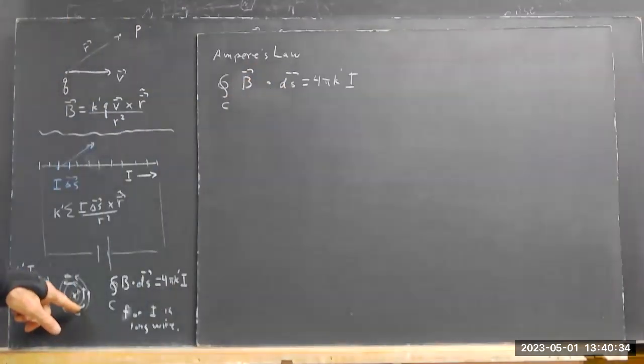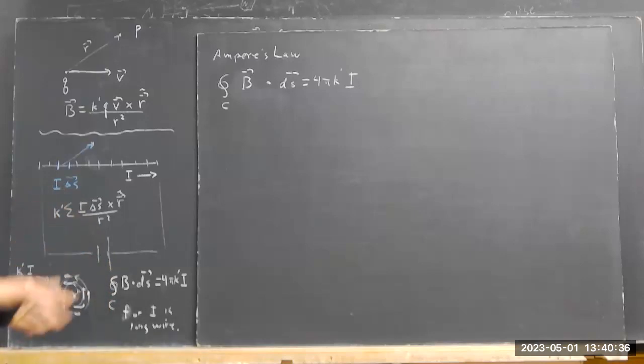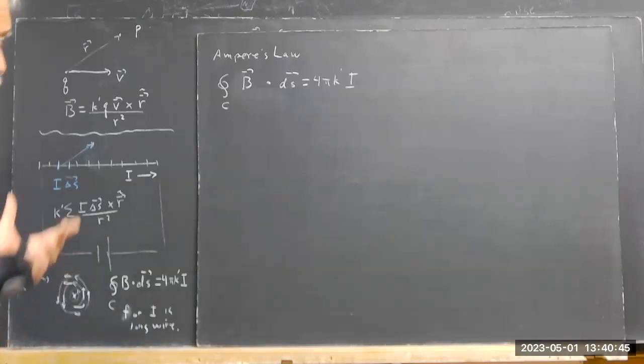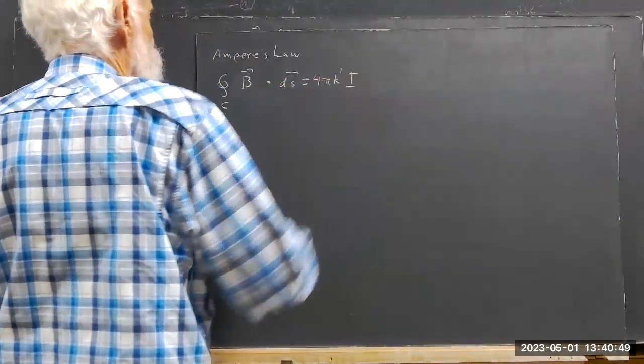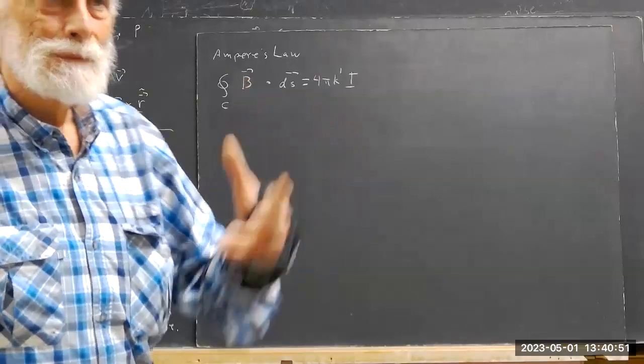This is not the current. We're integrating around here the magnetic field. The magnetic field is apparently 2 k prime I over a. And how do we get this? This applies to anything.